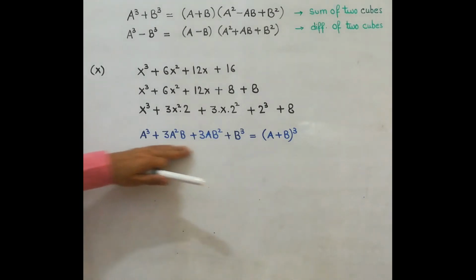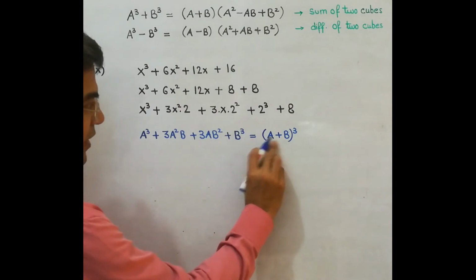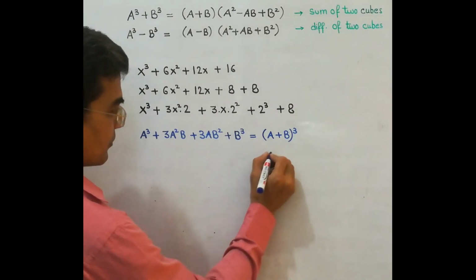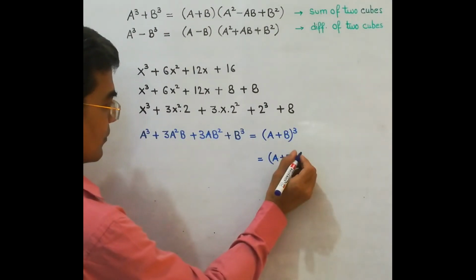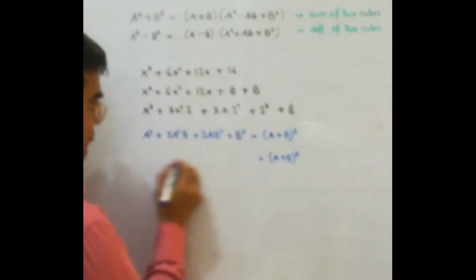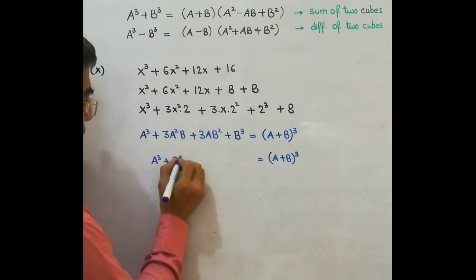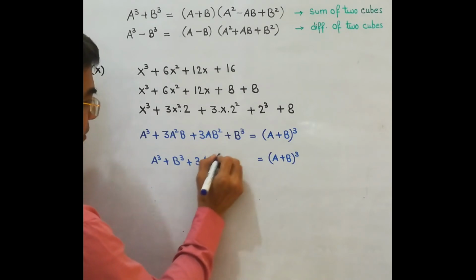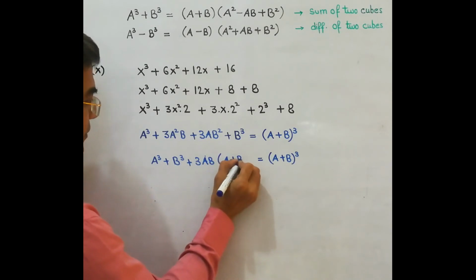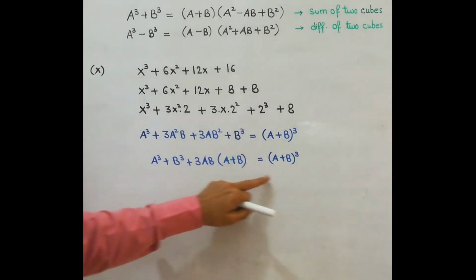Now how did we get this? I have told you in the first chapter that a plus b whole cube is a cube plus b cube plus 3ab into a plus b.